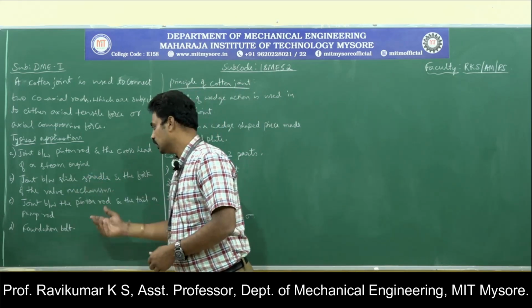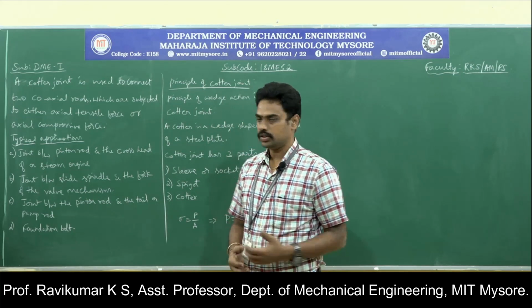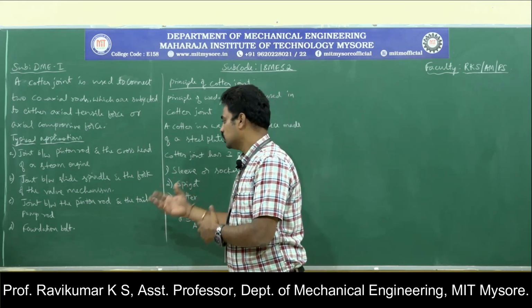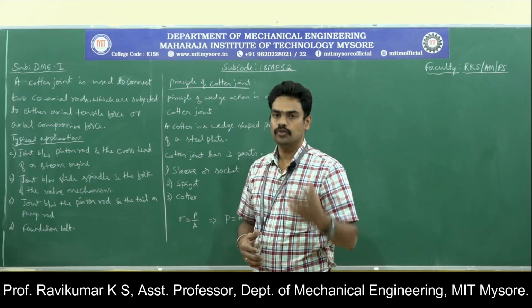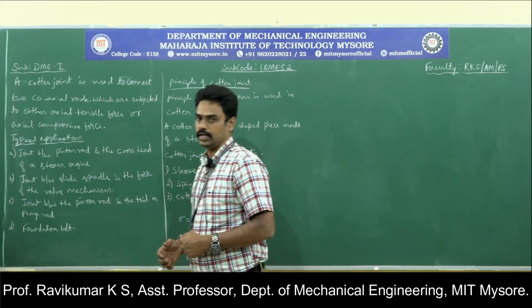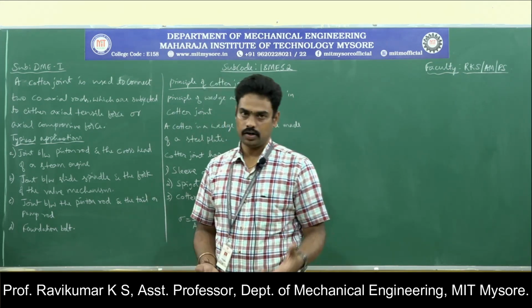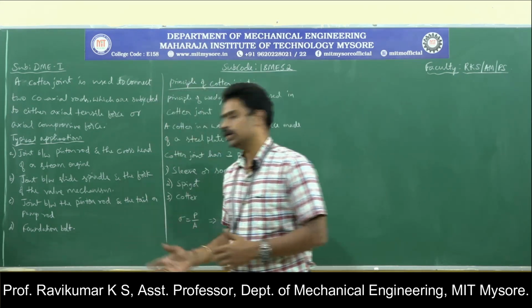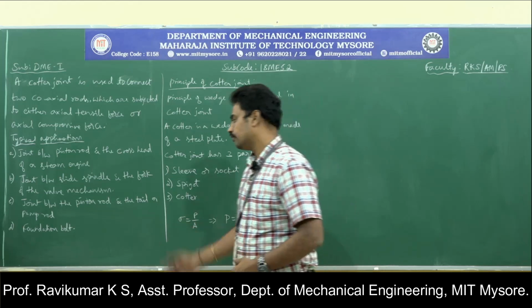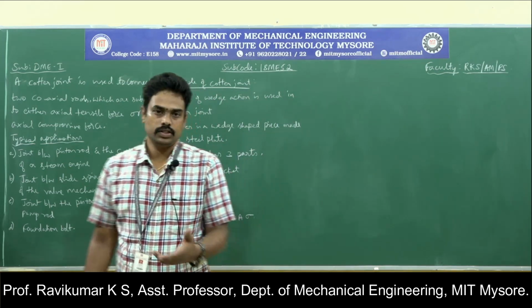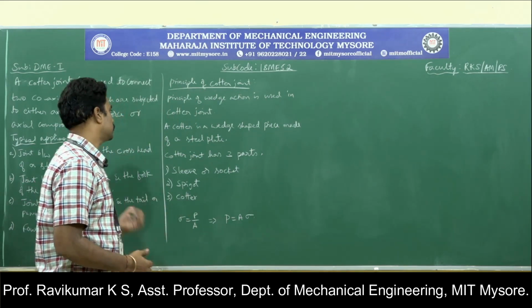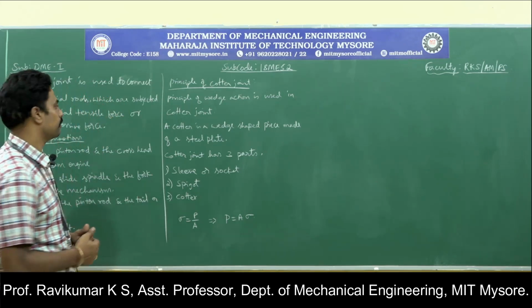Then you can use the quarter joint to join the slide spindle and the fork of the valve mechanism. Then the joint between the piston rod and the tail rod or the pump rod, and also for the foundation bolt. These are some of the applications of the quarter joint.